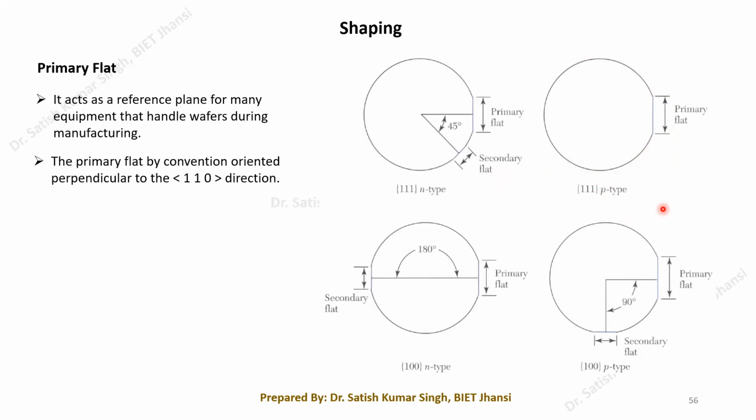Similarly, if you find another flat oriented 90 degrees apart, you will understand it is a p type substrate, but the orientation is 100.